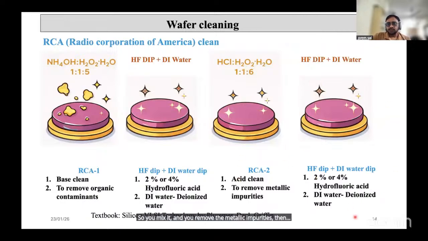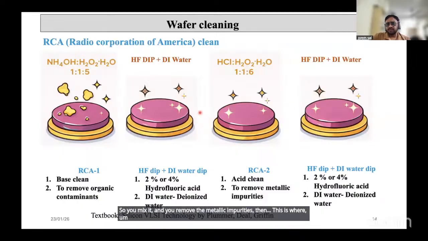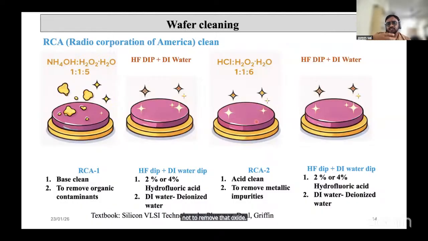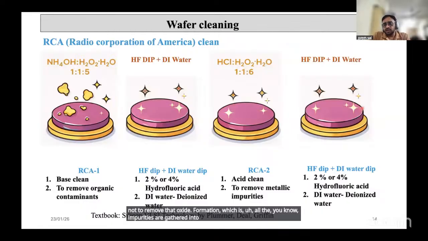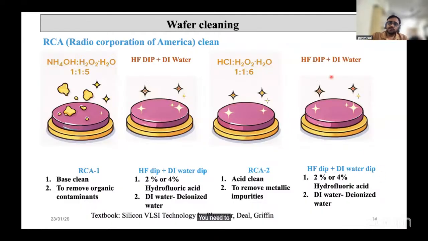After every process you have some native oxide, in which all the impurities are gathered. In order to remove that, you need to dip it in HF and DI water. HF comes as 49%, so you need to dilute it to 2% or 4% to remove that. So we have to be very careful.